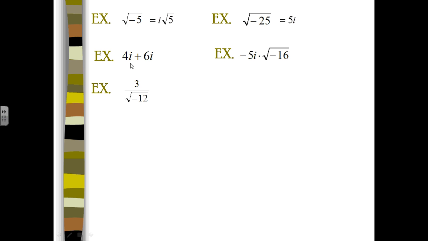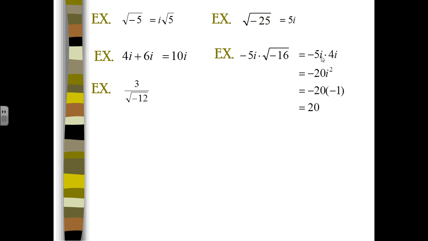Okay, now when you go to add or subtract imaginary numbers, and they're in the pure imaginary form, the i form here, it's like combining like terms. So 4i plus 6i, you can imagine, would be 10i, which seems very natural. If you are going to multiply these two things together, the first thing you're going to do is put this in the i form. So the square root of -16 is going to be 4i.